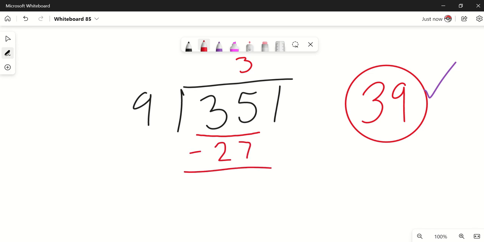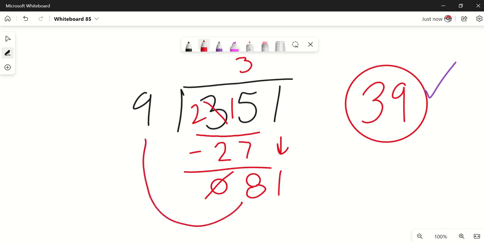When we subtract again, we have to borrow from the 3. 15 minus 7 is 8. 2 minus 2 is 0, and I just draw a line through it so I know the 0 is not in play. The 1 will come down, and now 9 will go into 81. The reason I bring down the 1 is because 9 cannot go into 8.